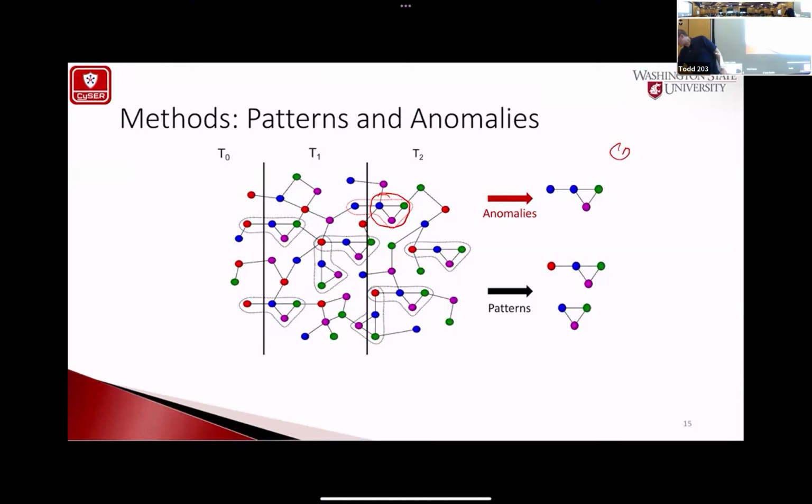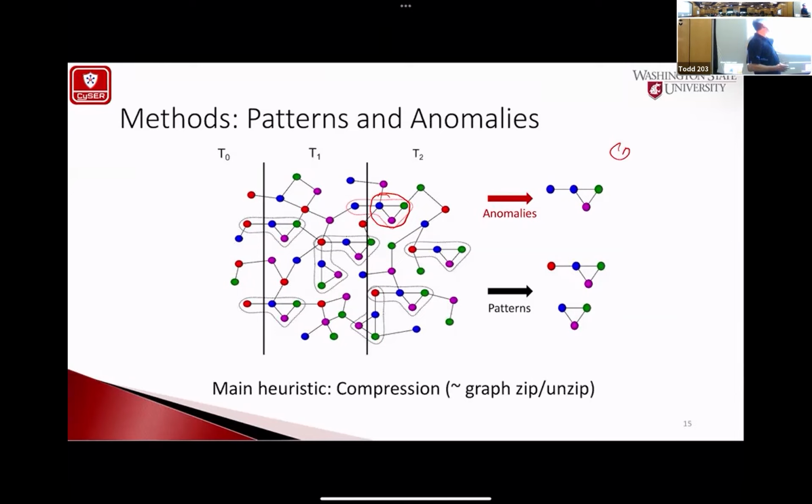The general heuristic that we use to do this is based in compression. The idea is that you want to take this graph, however you represented it, and zip it up into as few bits as you can. So what's one way you could zip up this graph?